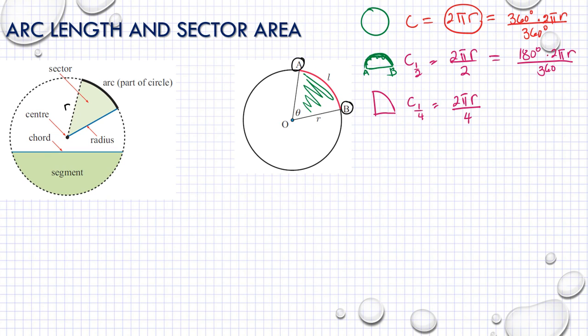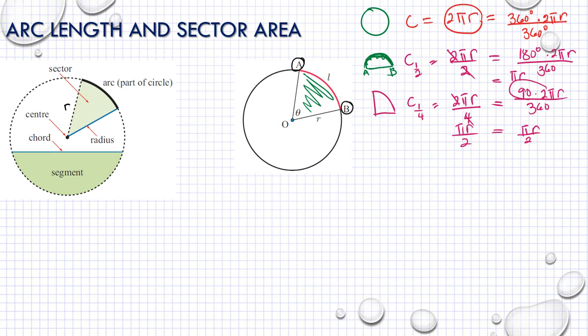That's why we got only pi r here, as you can see. And then here you have 90 multiplied by 2 pi r divided by 360 degrees, and this is actually pi r divided by 2.